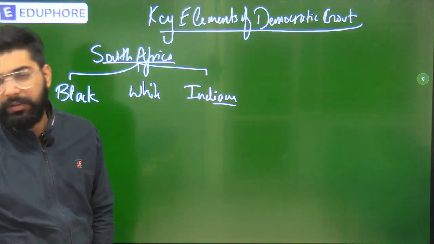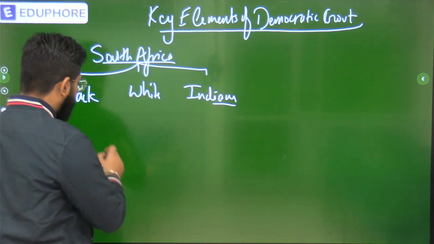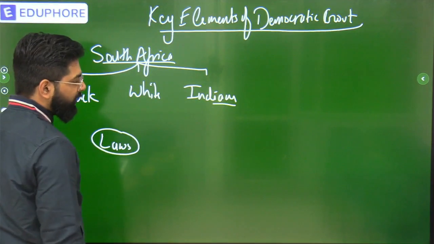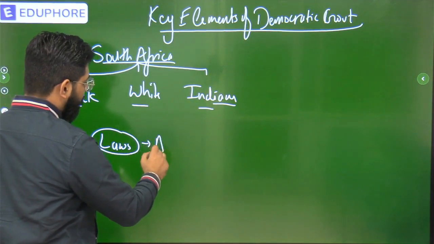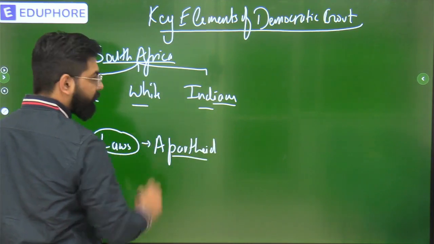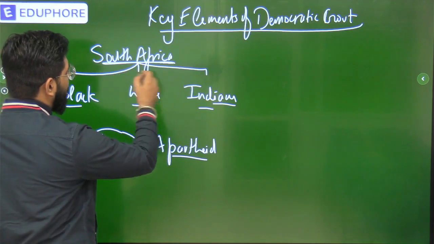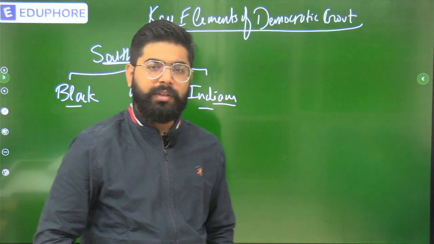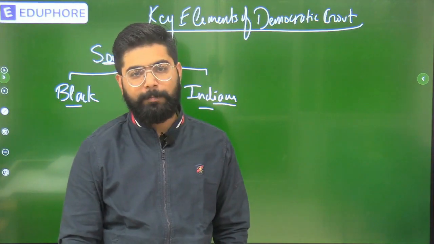Laws which differentiate on the basis of race are known as apartheid laws. So these apartheid laws were there in South Africa. This is how the NCERT starts the chapter on key elements of democratic government.